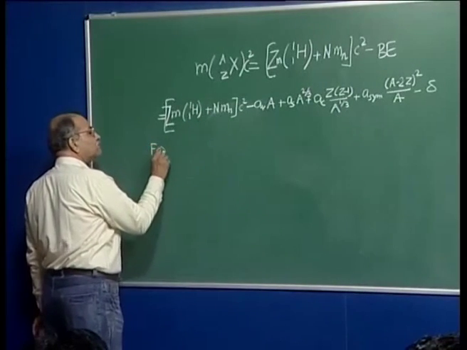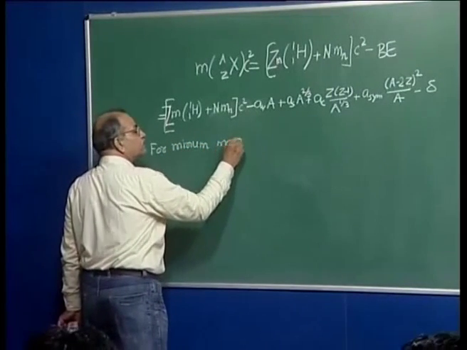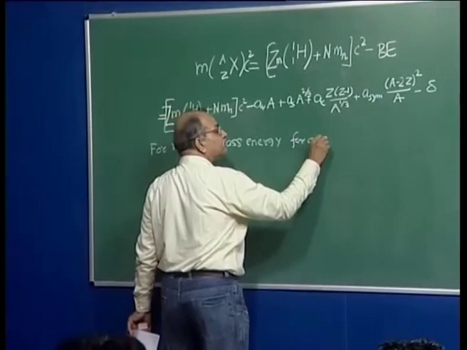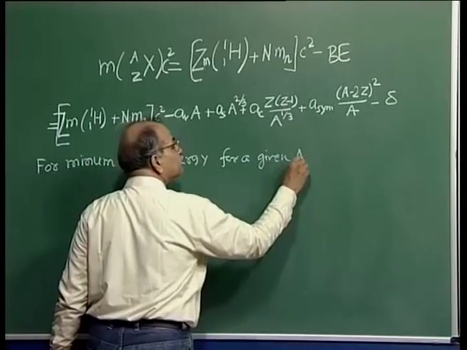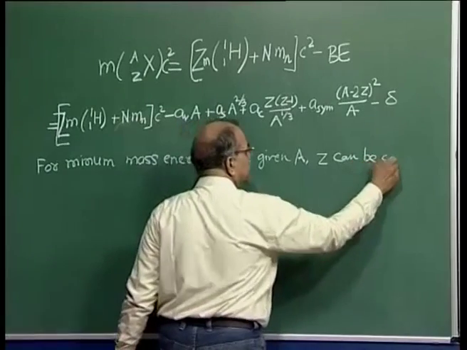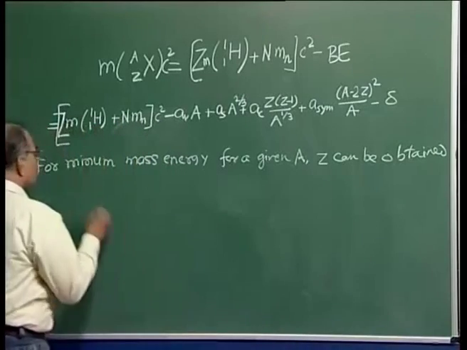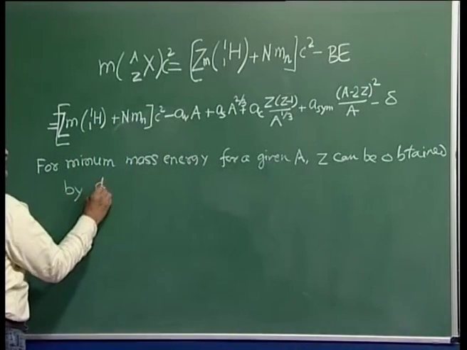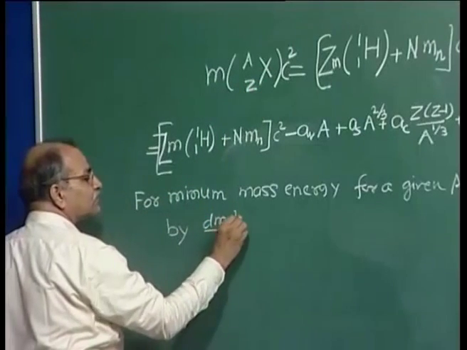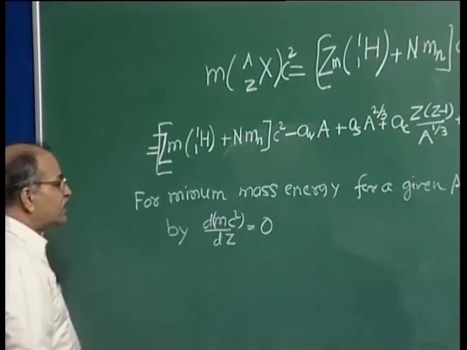So, for minimum energy for a given A, Z can be obtained by saying that this dM c square over dZ should be equal to 0. So, differentiate with respect to Z.